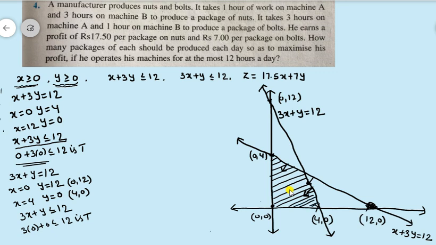Now O, A, B, C is the feasible region. Whether the objective function has a maximum value or a minimum value, it exists at the corner points of the feasible region.